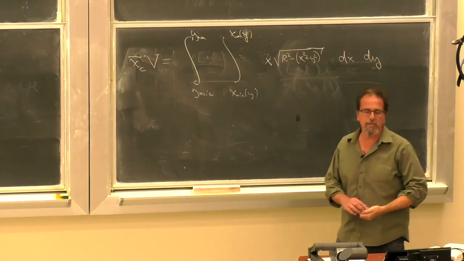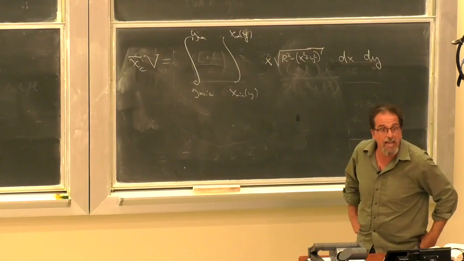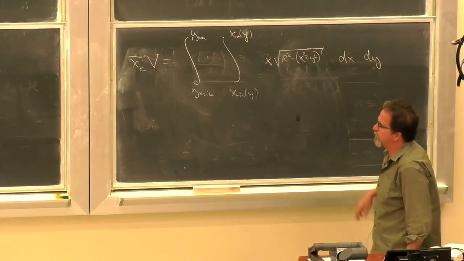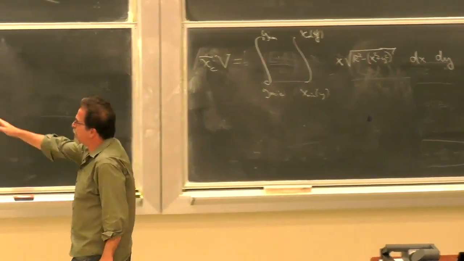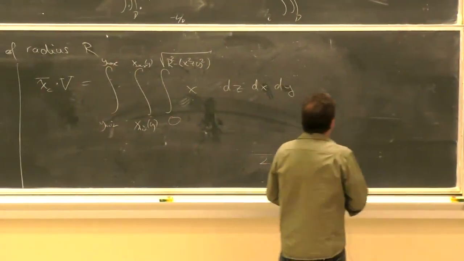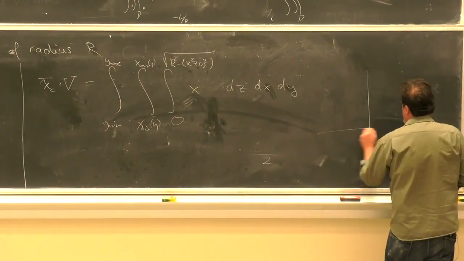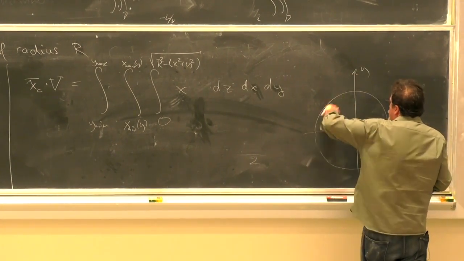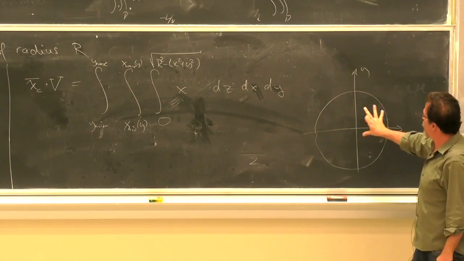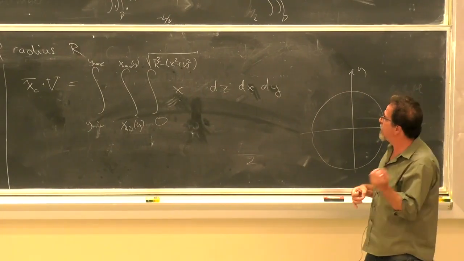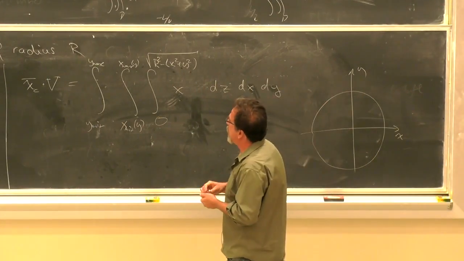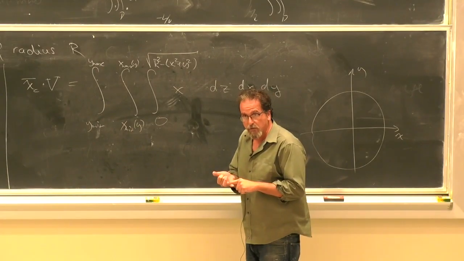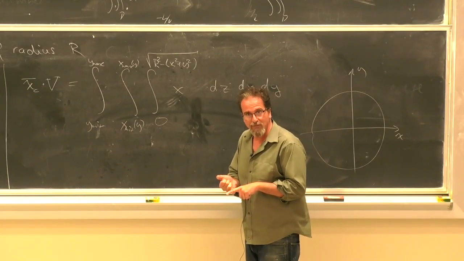And now I hope you'll see why I chose the x integration next. I need to figure out x min and x max as a function of y. Well, you look down on this hemisphere, and there's x, and there's the xy plane, and you see there's this curve. This circle is the intersection of x squared plus y squared plus z squared equals r squared with z equals 0.